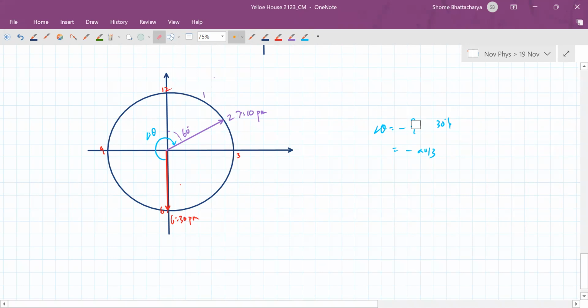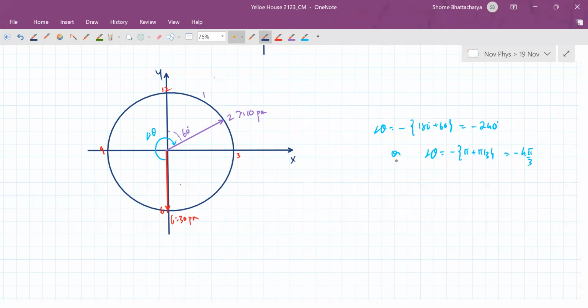It is 180 plus 60. Okay, so simple concept like this.